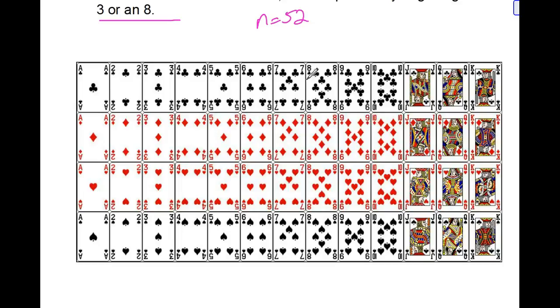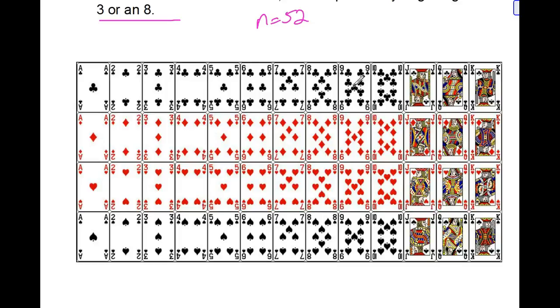Each suit has 13 possibilities: 1, 2, 3, 4, 5, 6, 7, 8, 9, 10, 11, 12, 13. Each suit has an ace, 2, 3, 4, 5, 6, 7, 8, 9, 10, Jack, Queen, and King. There are 4 different suits: the clubs, diamonds, hearts, and spades.